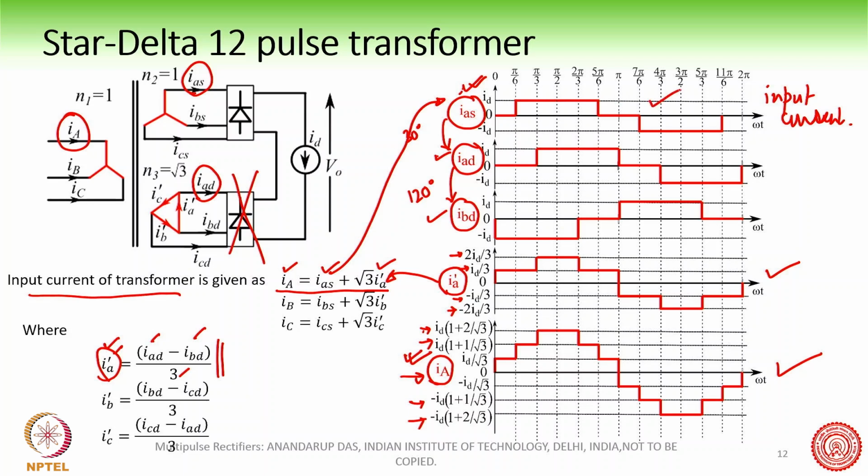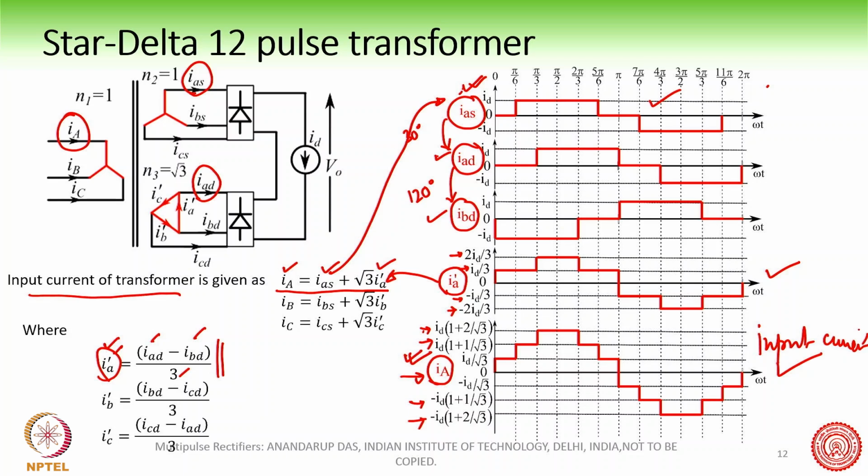It has all the odd harmonics, 1, 3, 5, 7. But now with this 12 pulse arrangement, we have got this one. So our input current has completely changed. We now have this as the input current.